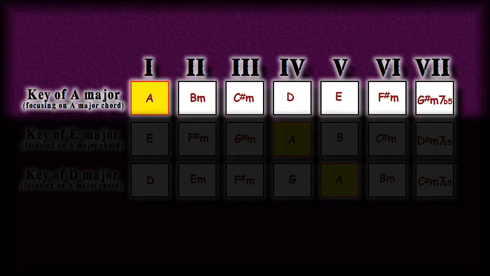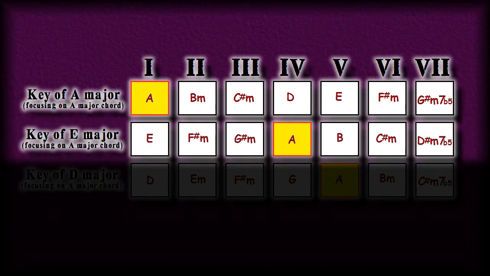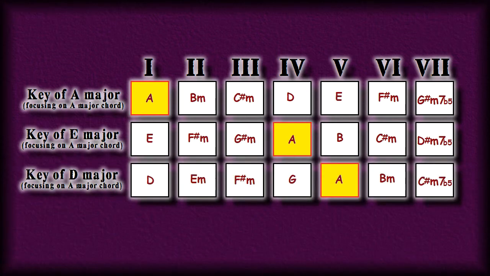And once you're comfortable with that principle, you can figure out what the chords are in any given key simply by following that logic. And you can see here that I've also given you the key of E major, which contains an A major chord in position 4, and there's also the key of D major, which contains the A major chord in position 5.